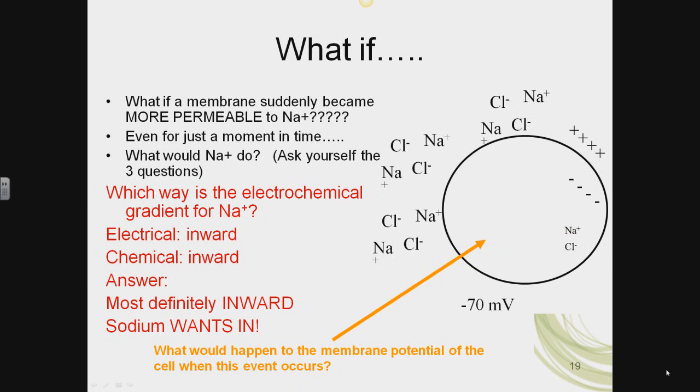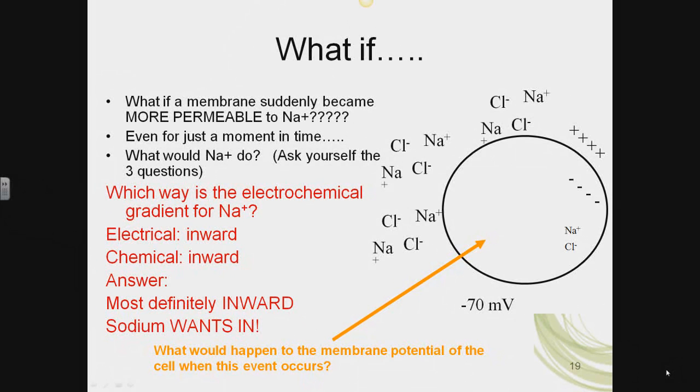It would diffuse from the outside of the cell to the inside of the cell down its chemical gradient. But it would also be pulled into the cell down its electrical gradient as well. Sodium is positively charged, and inside the cell there are negative charges for the big three reasons I just taught you. So sodium most certainly wants inward movement into the cell, down both its chemical gradient as well as its electrical gradient.